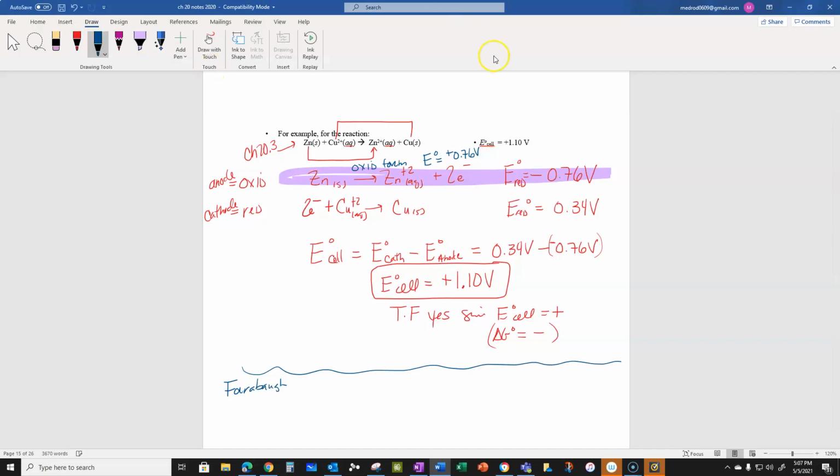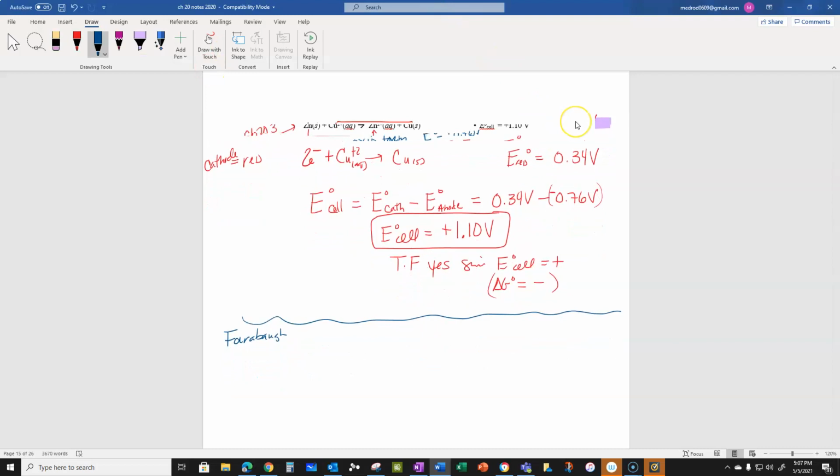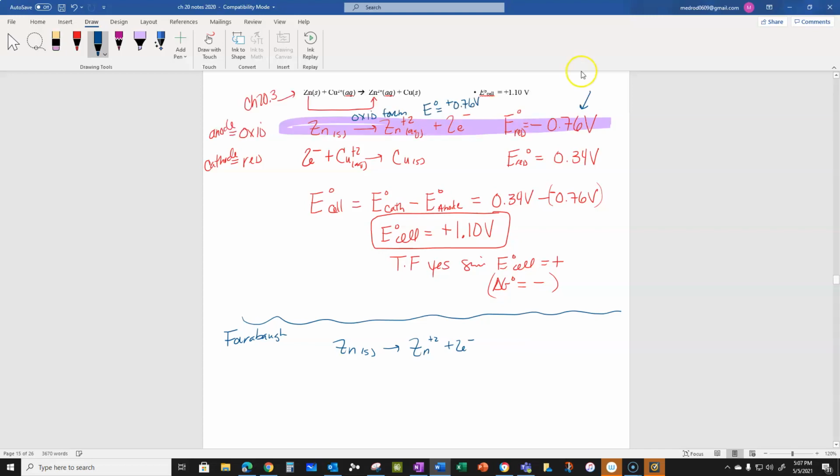Okay, so Farabrah's method. He takes that zinc equation because he sees it, and I wasn't going to show it to you, but I know some of you guys understand his way too. And this value right here on the reduction potential chart, it has it as negative because it's in reduction form.